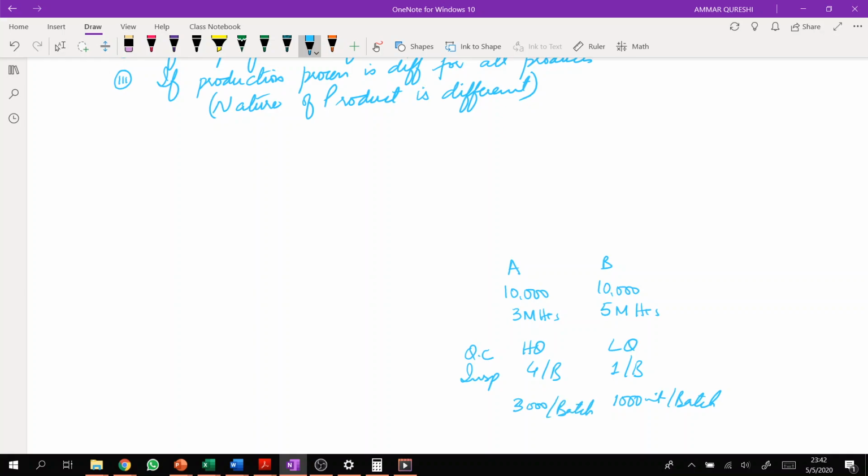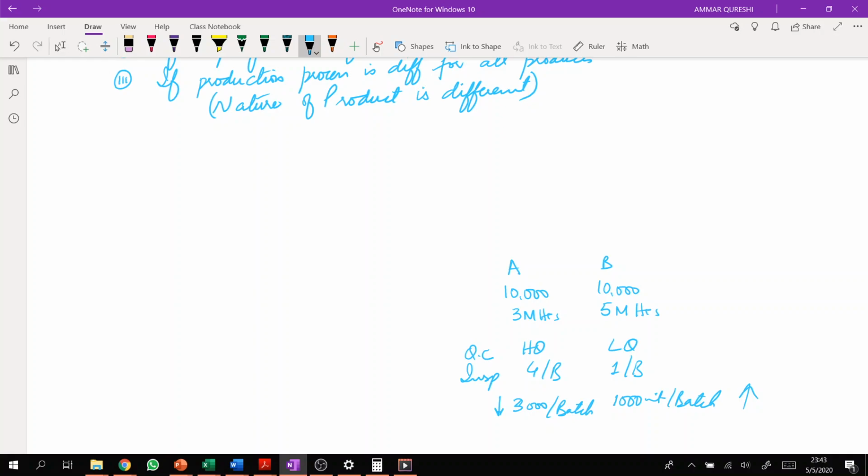This means there will be more batches related to product B and fewer batches related to product A. So batch related cost will be allocated to product A in a smaller proportion as compared with product B.